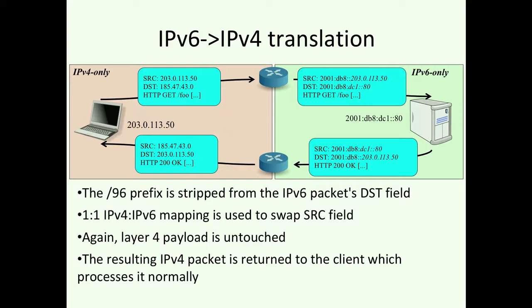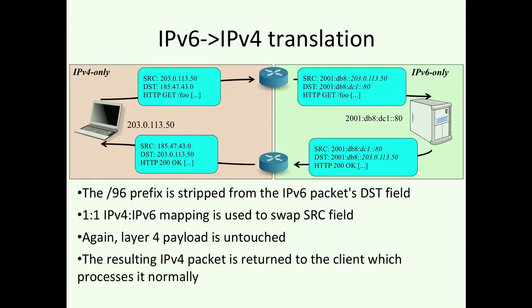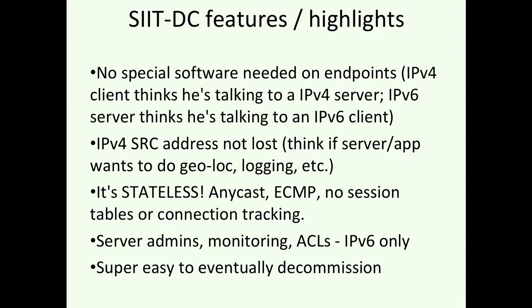So from the client's point of view, it's speaking to a normal IPv4 server. From the server's point of view, it's speaking to a v6 client. They don't really have to know that this translation is going on. So that's the gist of it.